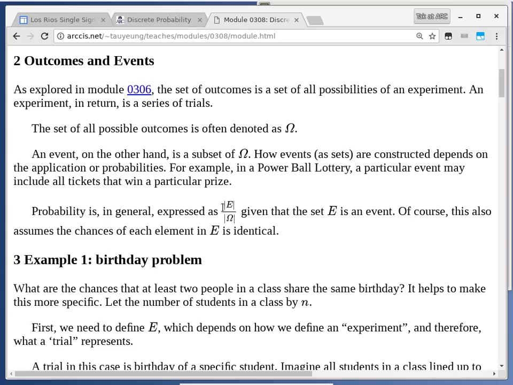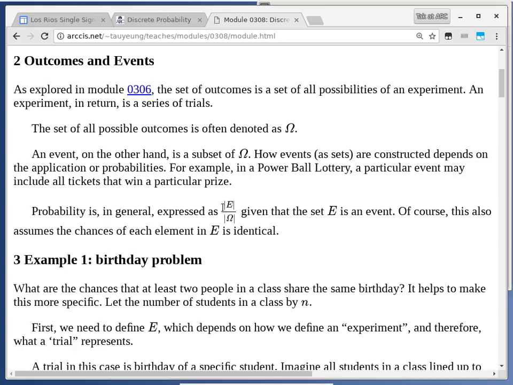So what kind of event are we talking about? In the case of a lottery, the event may be winning the jackpot. That's one event that you might be interested in. The second event is getting something out of my ticket. It may not be the jackpot, maybe a few prizes down the line, but I'm getting something out of my ticket. You can also have the event being I'm not getting anything.